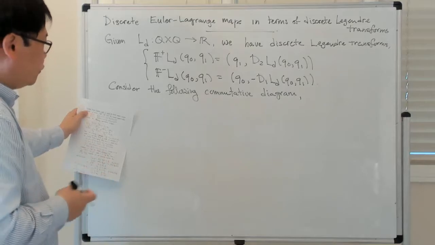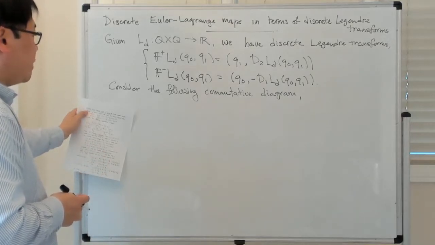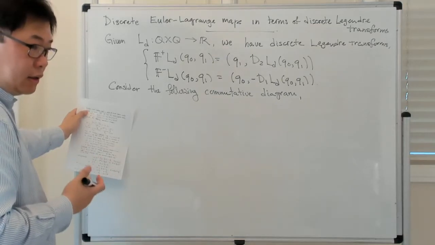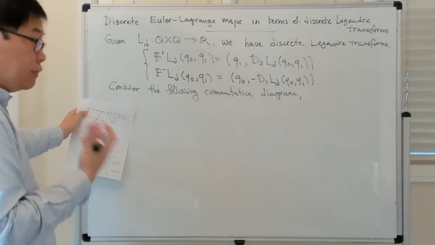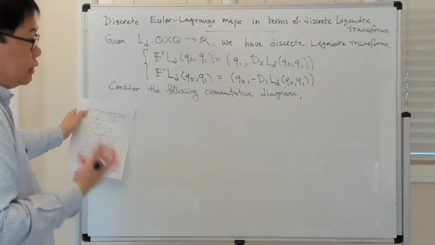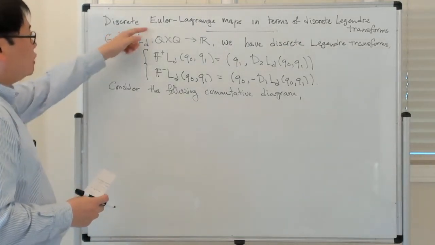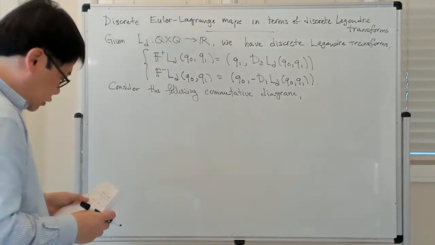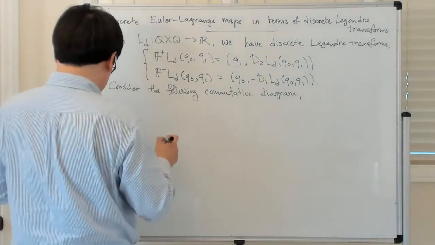You can do this by defining the maps in such a way that the diagram commutes, and then showing that those maps are related to the discrete Euler-Lagrange maps and the discrete Hamiltonian maps. So that's what we're going to try to do.